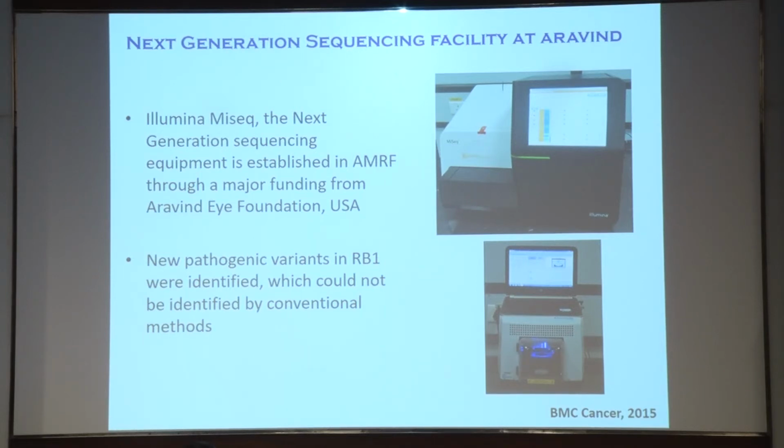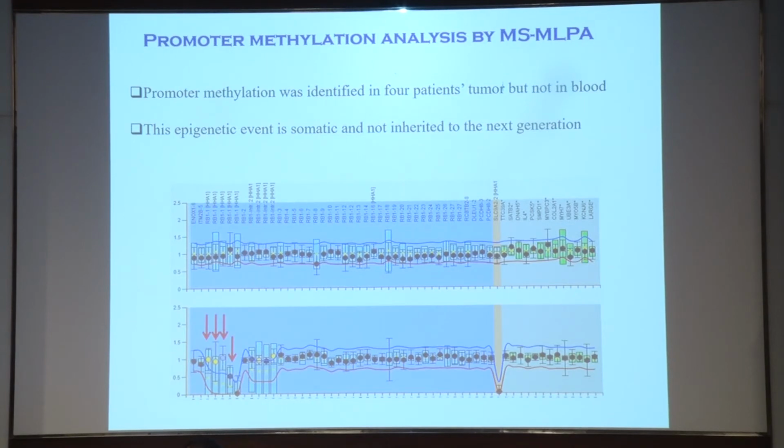The next entity is the promoter methylation analysis, which was found in about 4 of our patients out of the 500 and odd patients that we handle. But these were not found in the blood.